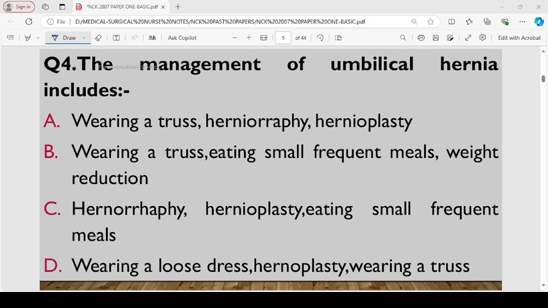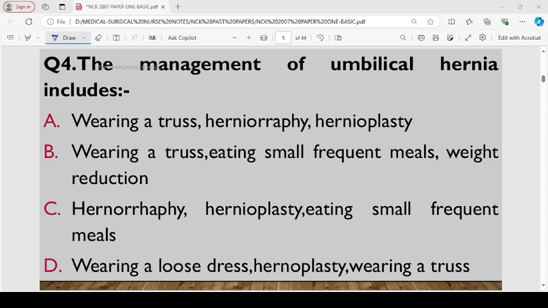Herniorrhaphy, hernioplasty, and eating small frequent meals, that is option C, is incorrect, as dietary change, we have already said, is not directed towards hernia treatment. Wearing a loose dress, that's option D, hernioplasty and wearing a truss is incorrect, as a loose dress has no clinical relevance in hernia management.